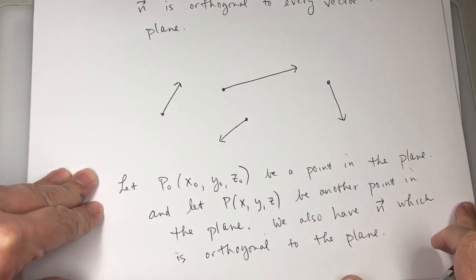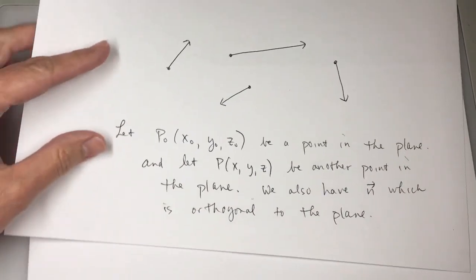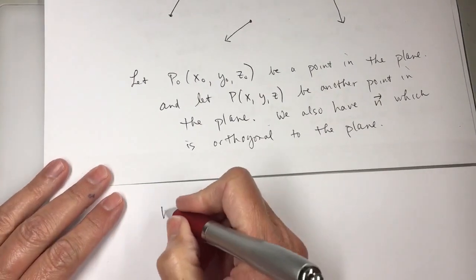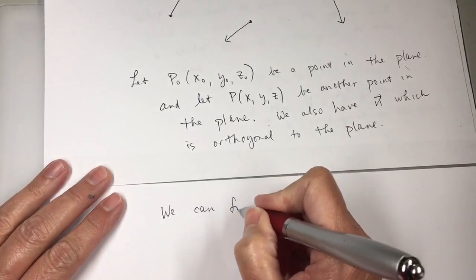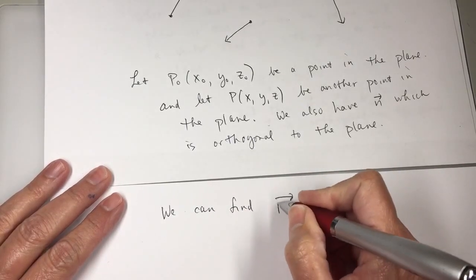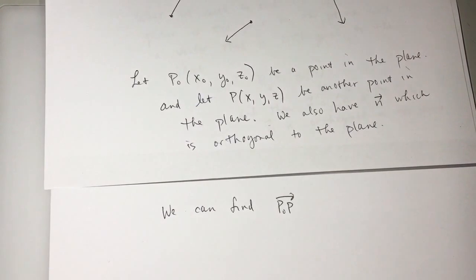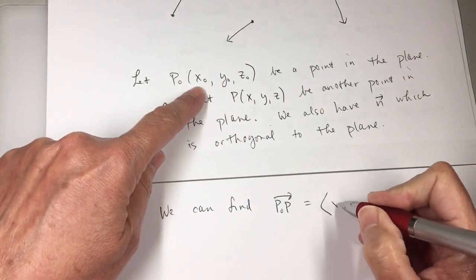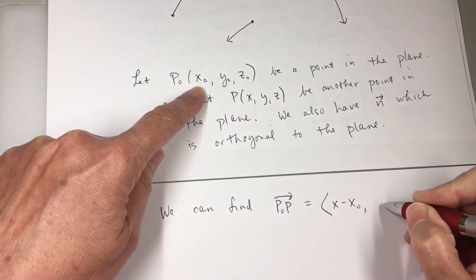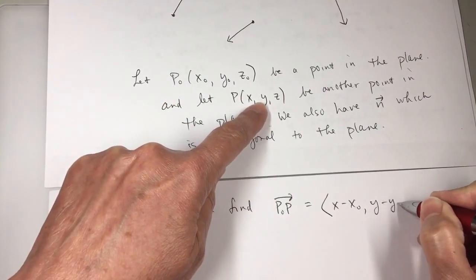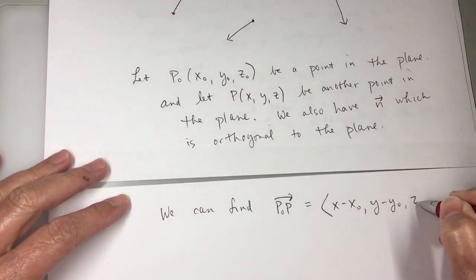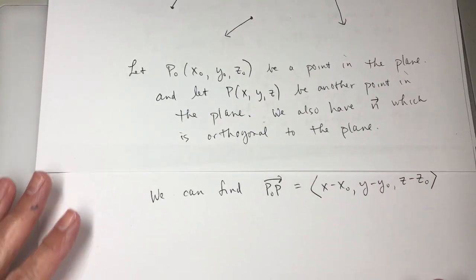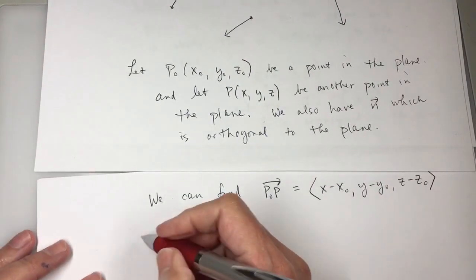Then we can find vector P naught P, which would be x minus x sub 0, y minus y sub 0, z minus z sub 0, and this vector is in the plane.